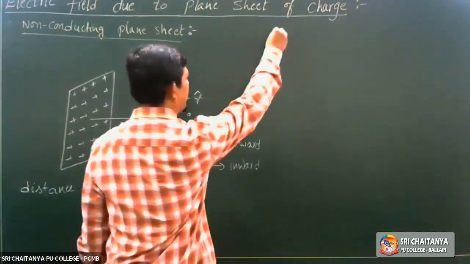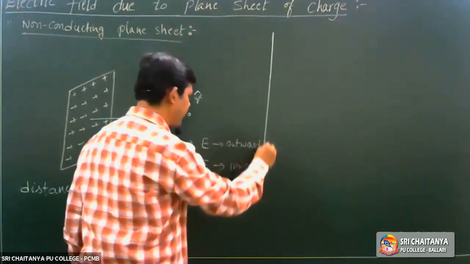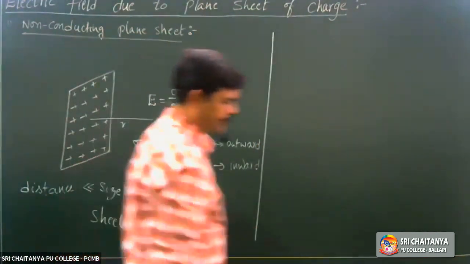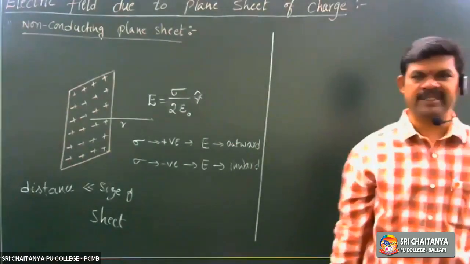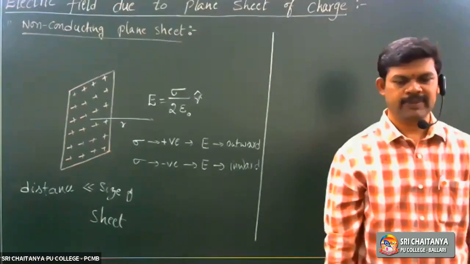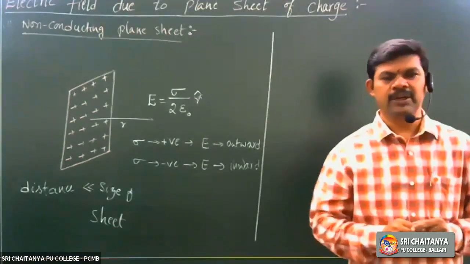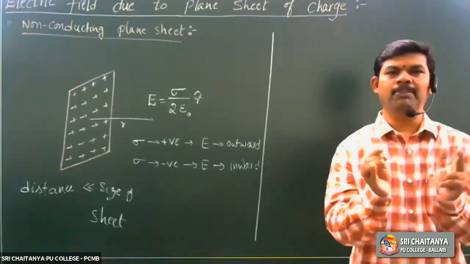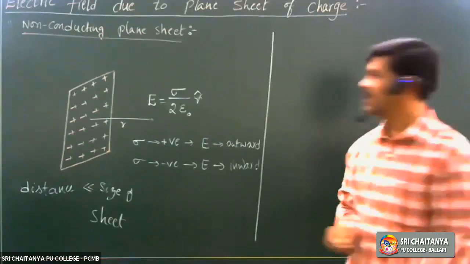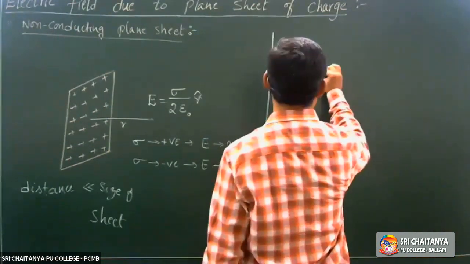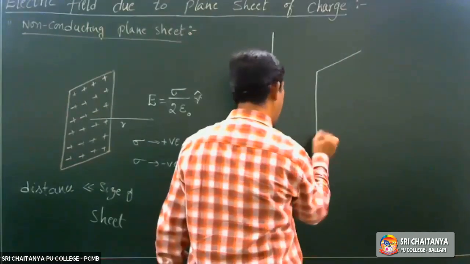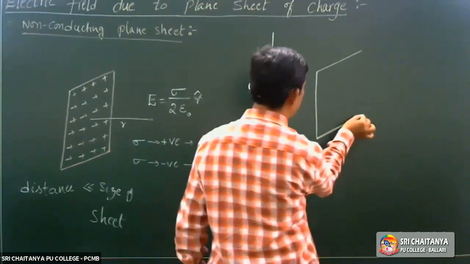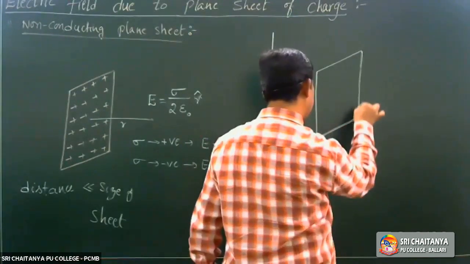Now, if you are given multiple plates, more than one, what is the net field due to the combination of plates, right? Like this. This is one plate.